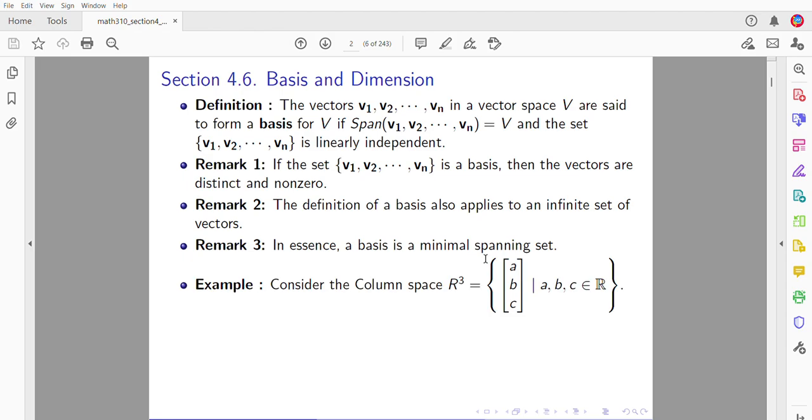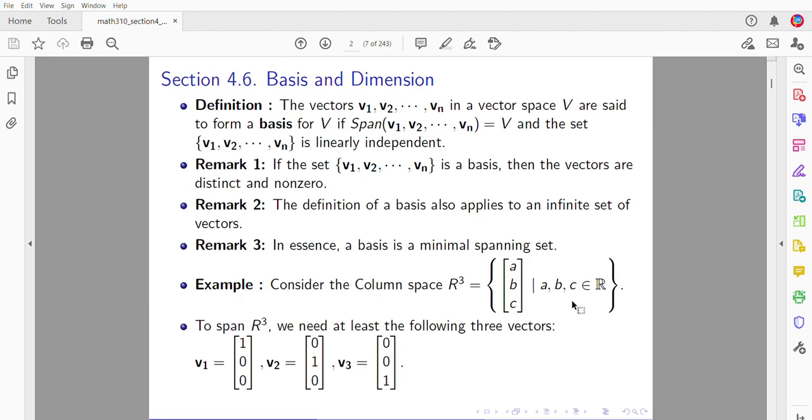Consider the column space R3. Remember, R super 3 stands for columns of size 3. So you're looking at all columns of size 3 where entries can be any real number. Now look at this. To get A, B, C, any vector, you need at least the following three vectors: 1, 0, 0; 0, 1, 0; 0, 0, 1.